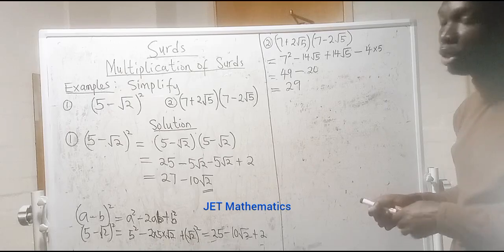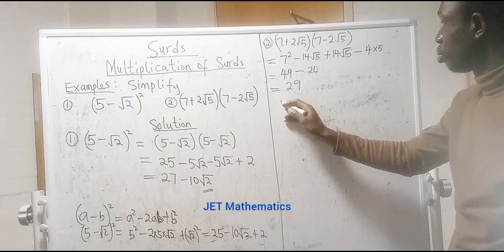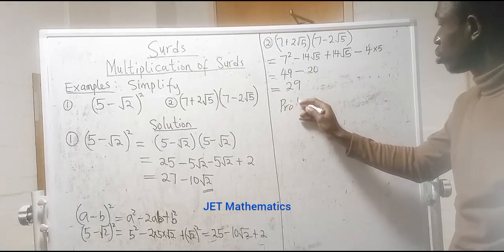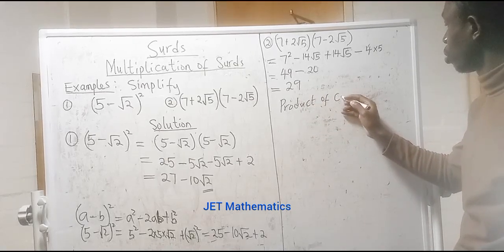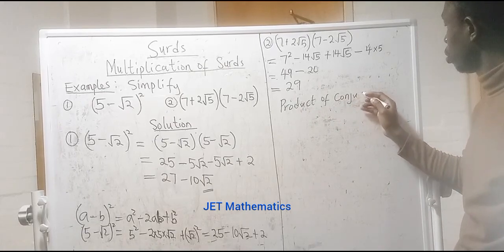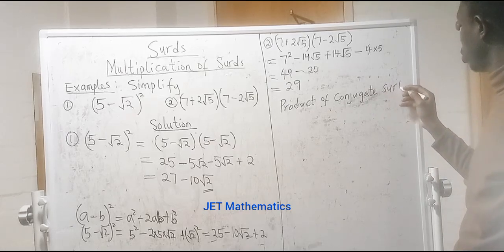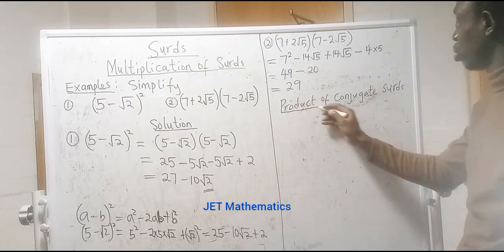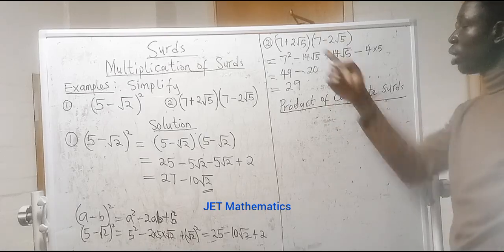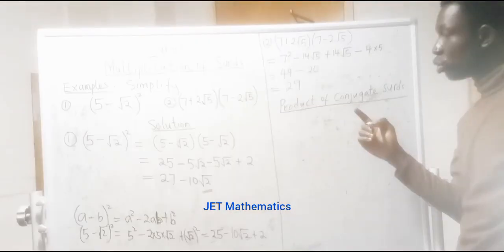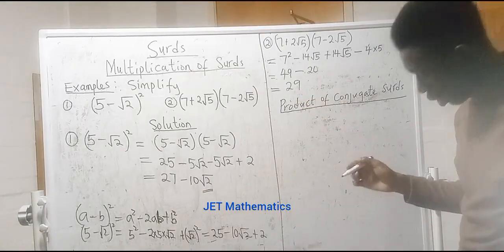So I'll quickly establish the product of conjugate surds. Remember, the product of a surd and its conjugate gives us a rational number.